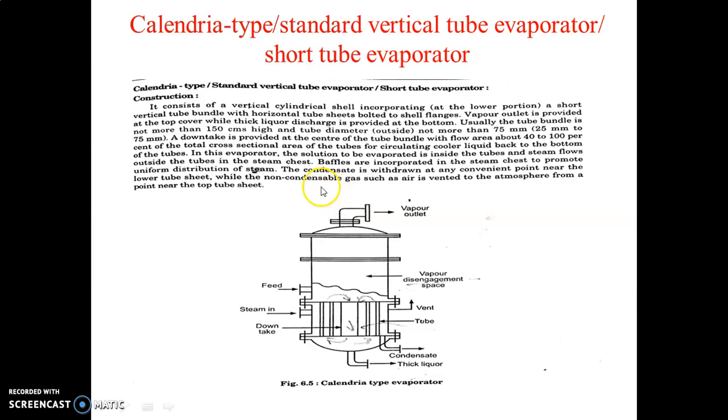Then the steam is distributed outside the tubes, and after giving up its heat the steam converts into condensate, which is taken out from here. Sometimes non-condensable gases are present in the steam, and they are vented from here, so an air vent is provided. And this is the vapor disengaging space, where vapors are removed from the top.